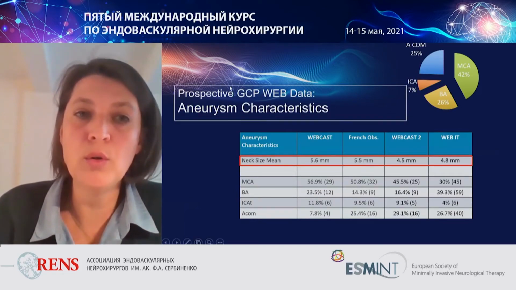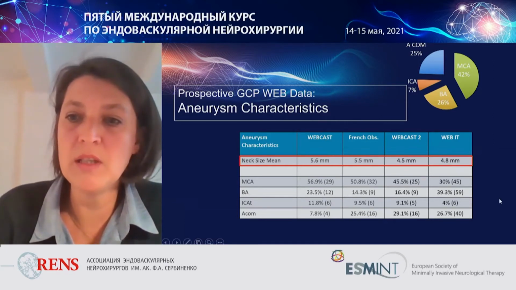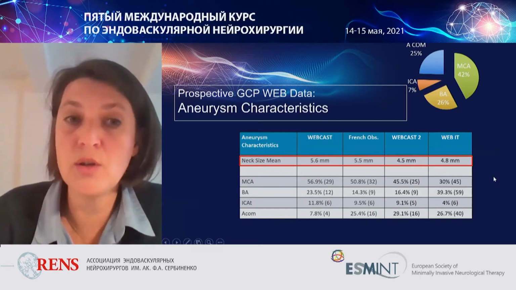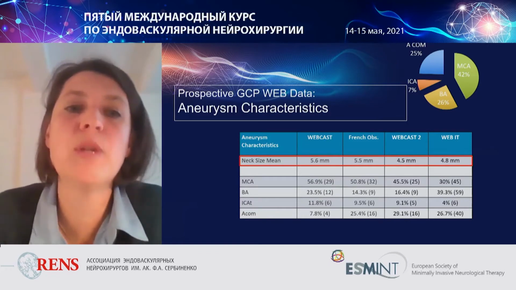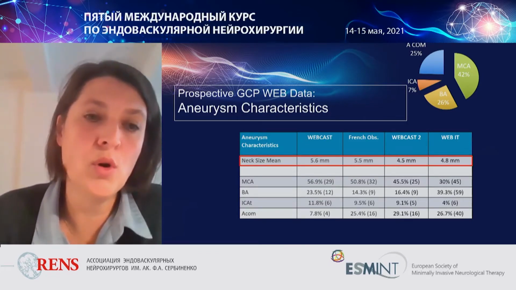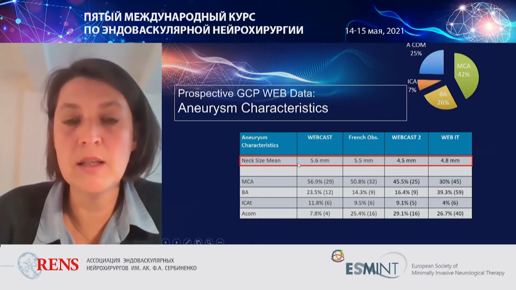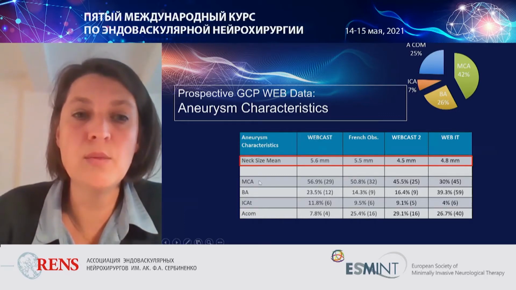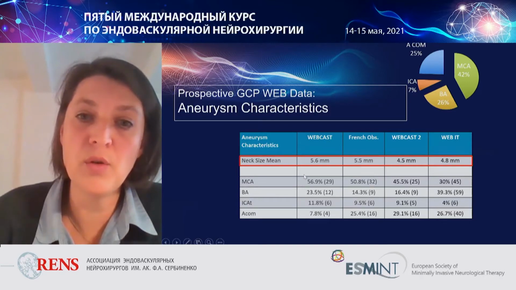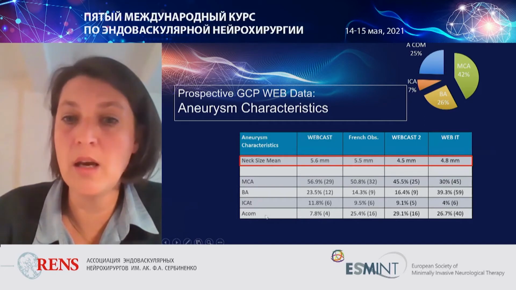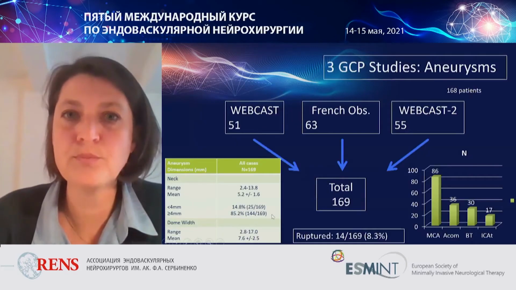If we take a close look at the aneurysm characteristics, you can see that the device was designed first for wide neck aneurysms and for bifurcations. So that explains that the inclusion criteria corresponded to that kind of aneurysm. The mean neck size was quite large, as you can see in those different studies, and mainly MCA aneurysm bifurcations were included, but also basilar aneurysms, ICA, and ACOM aneurysms.